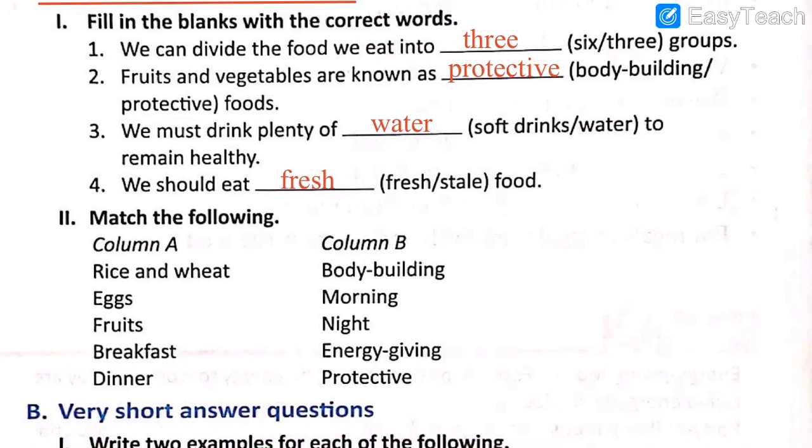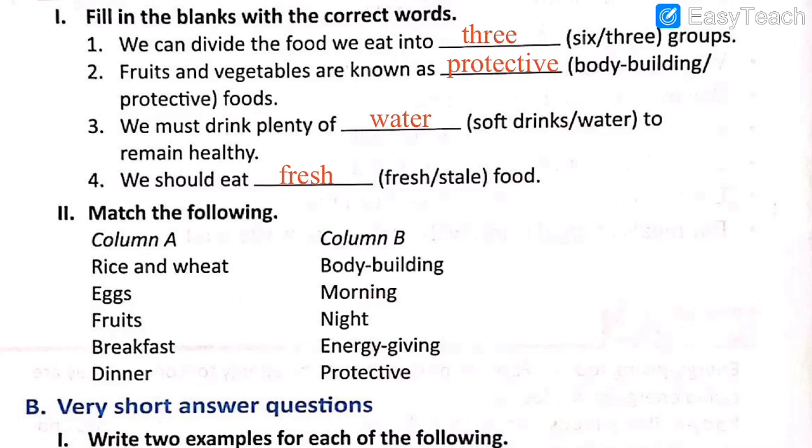Number 2, as you can see in objective type questions, match the following. Options are given, column A, column B. Let's read all the questions on the left hand side and then the answers on the right hand side. Then we'll match them. Column A: rice and wheat, eggs, fruits, breakfast, dinner.